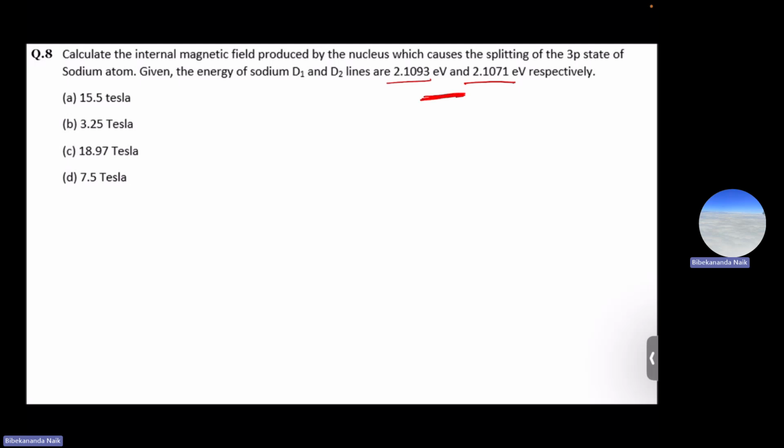So the difference in energy will be 2.1093 minus 2.1071, and that splitting is due to the interaction between the magnetic moment and the magnetic field. So we need to find the value of the magnetic field that led to the splitting of the 3p level. These are the options: option A 15.5 Tesla, option B 3.25 Tesla, option C 18.97 Tesla, or option D 7.5 Tesla. This is an important question that we will discuss briefly in a few minutes. But before that, I'll give you a few minutes so that you can try and solve this.